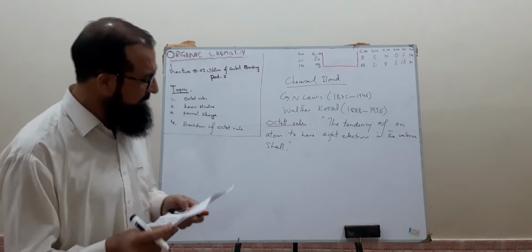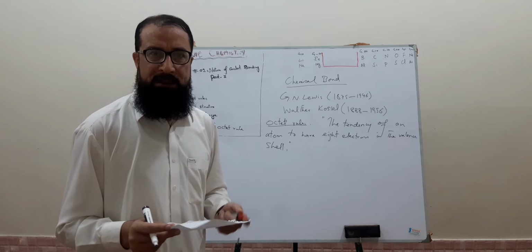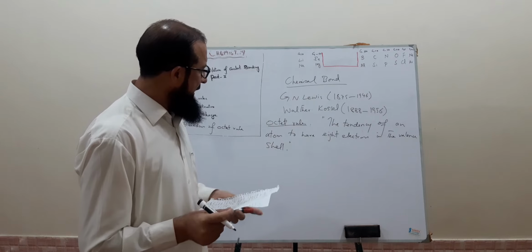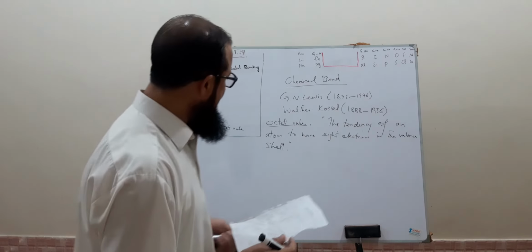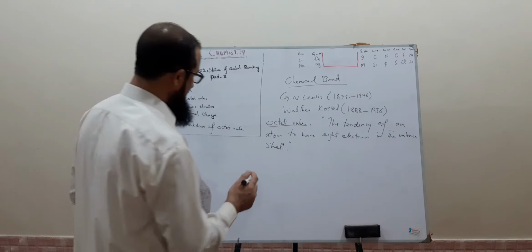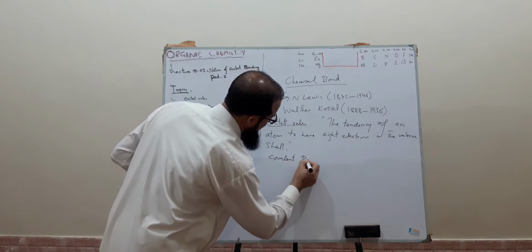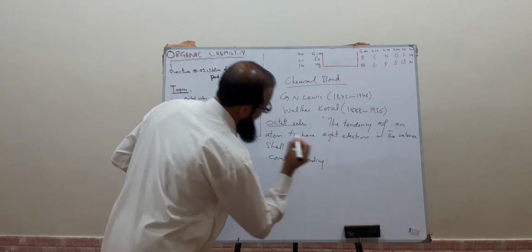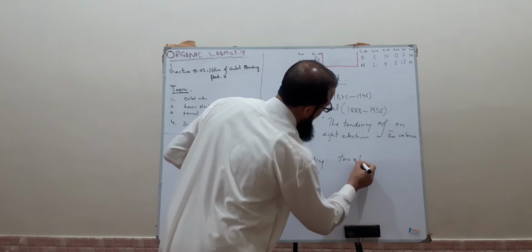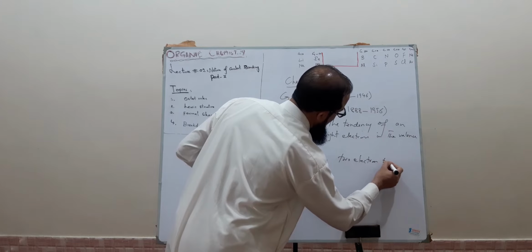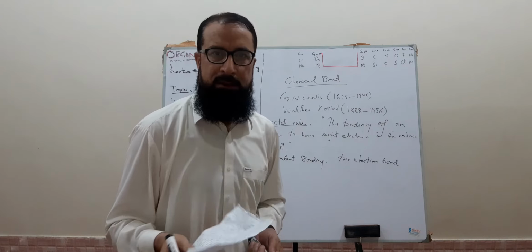According to Lewis and Kossel, we can explain covalent bonding and ionic bonding on the basis of the octet rule. You are already aware that the covalent bond is a two-electron bond, and a covalent bond is always formed by the mutual sharing of two electrons.